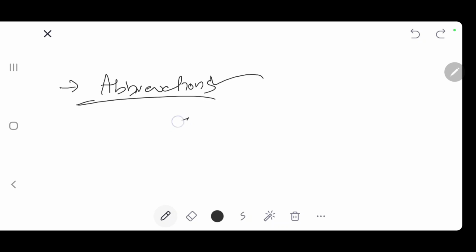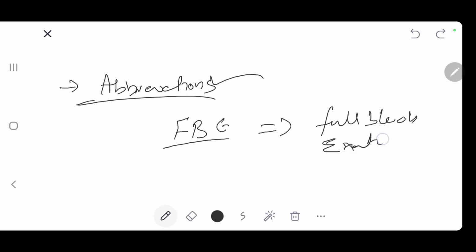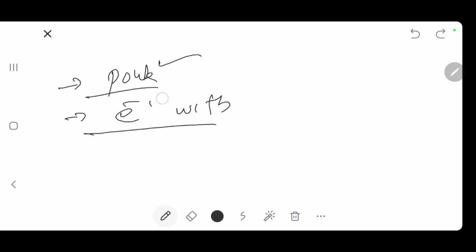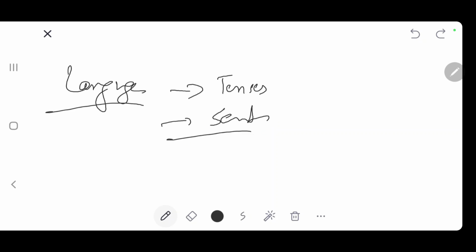So the full blood examination should be written out in full, and so on. Similarly, your tone should be polite. Try not to use contractions like 'with'. Try to write in full form. And lastly, we have the language part, in which we have tenses, sentences, and so on. So these are the marking criteria.